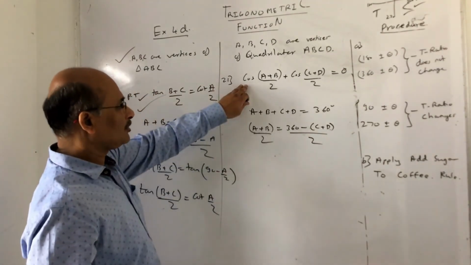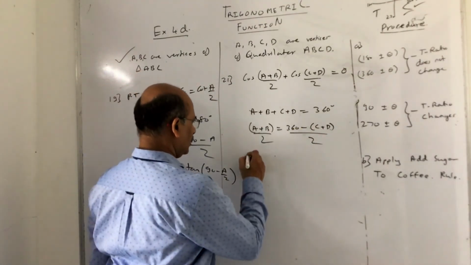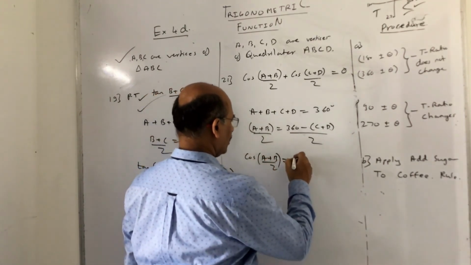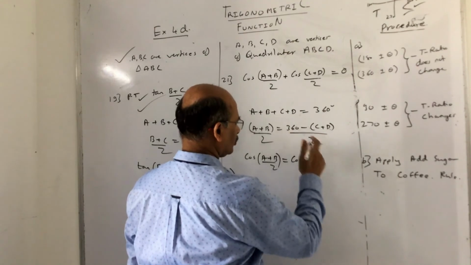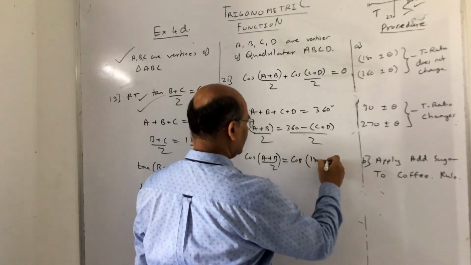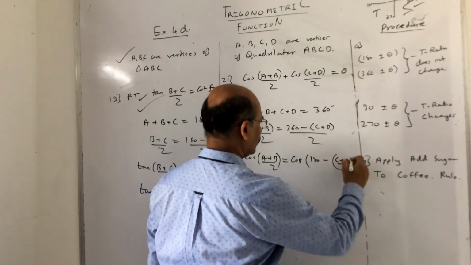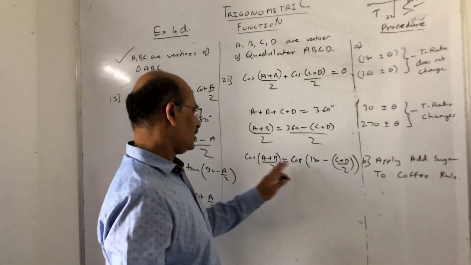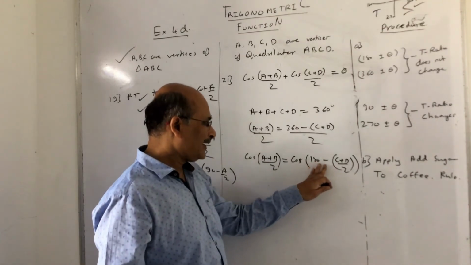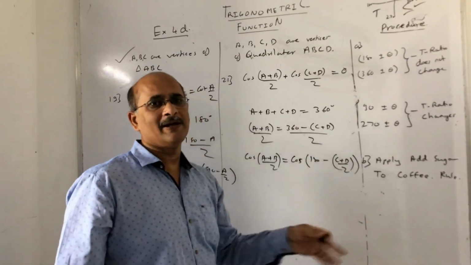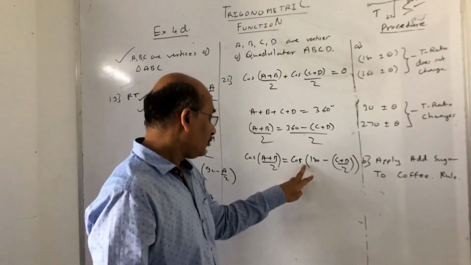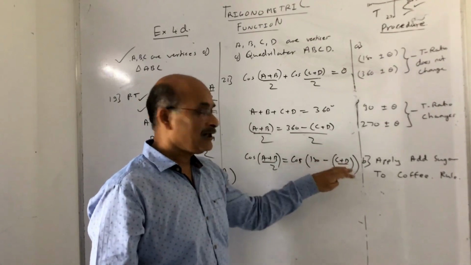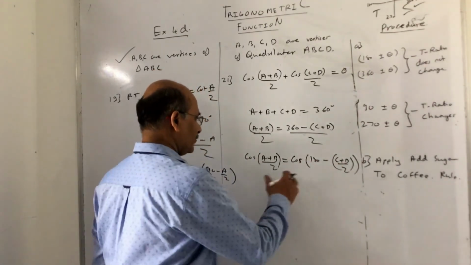Now I want cos on this side. So cos on both the sides. So cos of A plus B upon 2 is equal to, now pay attention, cos of 180 minus of C plus D upon 2. Simple. Now 180 minus theta is not a standard form. The 180 minus theta is second quadrant, right? With 180 and 360, the ratio remains the same, but 180 minus theta is the second quadrant. So what happens over here? It is negative.